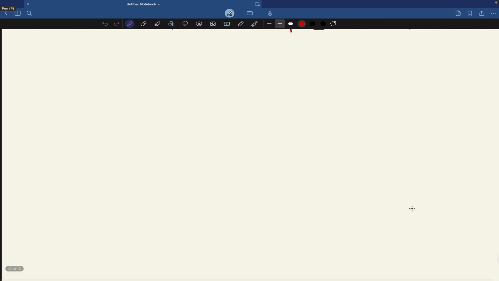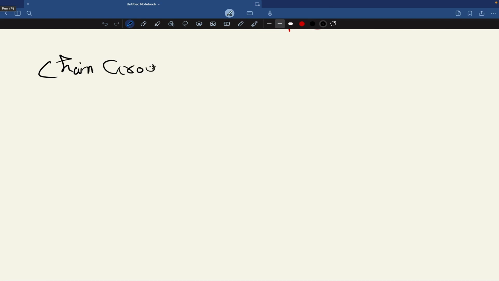Now we will move on and define a new term, which is chain group. This chain group is defined by taking a particular complex K only.